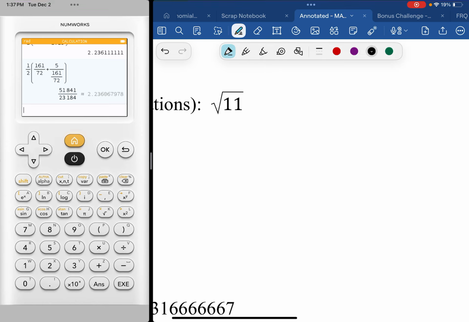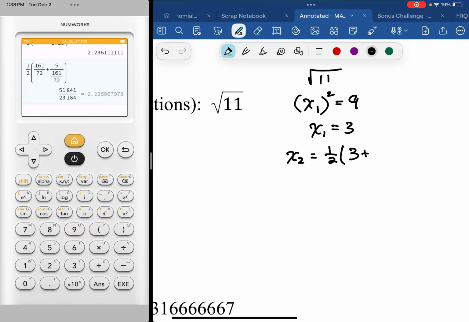Again, I need to identify the radical value that's just less, or whatever the highest one is that's less than whatever the radicand is. So my x sub 1 squared value, that perfect square value, is 9. So x sub 1 is going to be equal to 3. X sub 2 is going to be 1/2 of 3 plus 11 over 3.